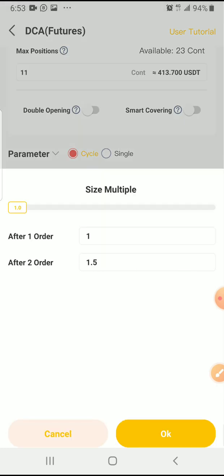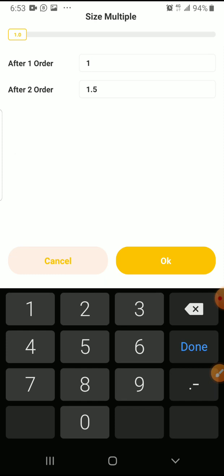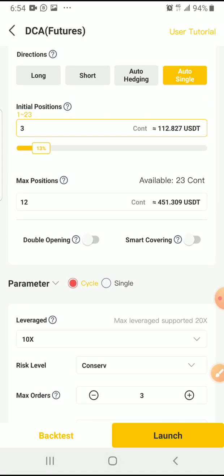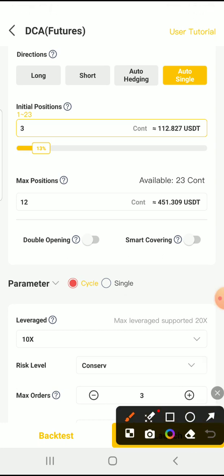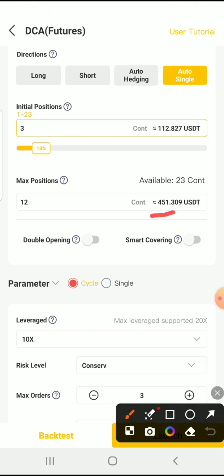Okay, if we even do it 1.1, let's see what it gives us over here. 451. Okay, so that's how it works. The size multiple increases how much you buy on the second and third order. So all that you do is, no matter what you've chosen there, just make sure that over here you have something equivalent to your 500.